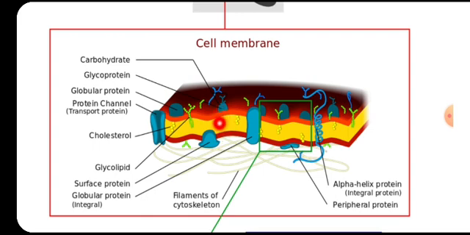This is the phospholipid bilayer. These are the channel proteins, these are transport proteins, and along with that several glycoproteins, surface proteins, globular proteins are present, and embedded inside is cholesterol. So cholesterol is responsible for maintaining the fluidity and giving structural integrity to this cell membrane.